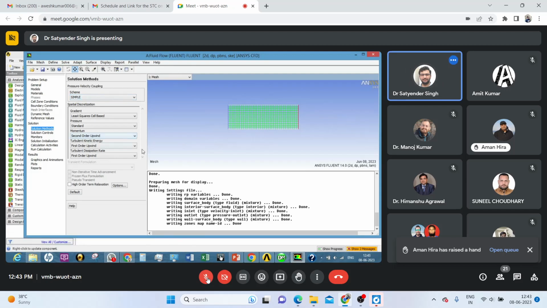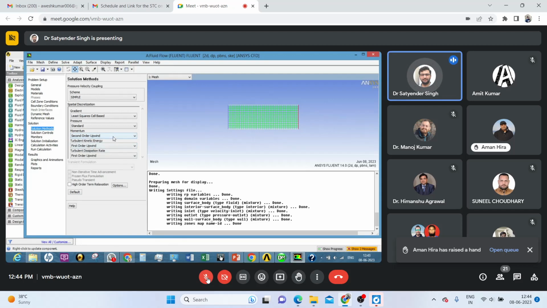And now here it will ask you for the advection scheme. For momentum, we have first order, second order, and QUICK available. CD is not available. Power law and MUSCL are available, but we generally go with the second order.